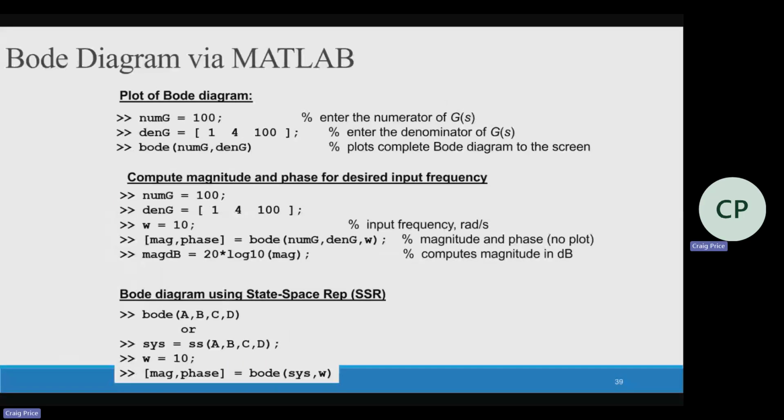Okay. I have some stuff on the MATLAB code sheet. We've already done Bode plot, but you can also, at a certain frequency, have it tell you what the magnitude and the phase are for that frequency. You can also, if you have an SSR, plot the Bode plot as well. So you could take your SSR from lab 2.